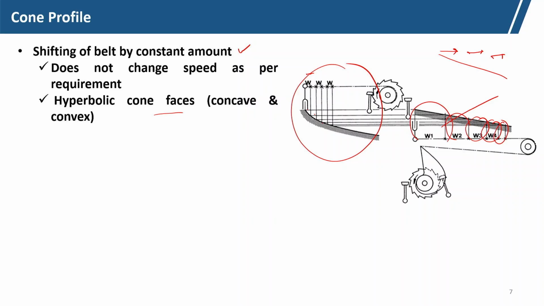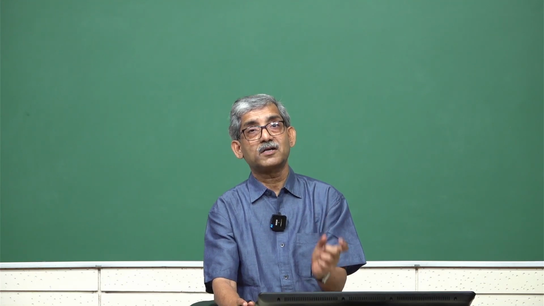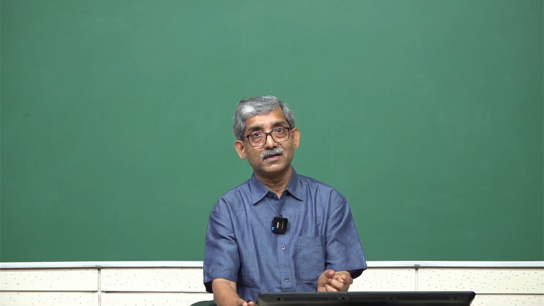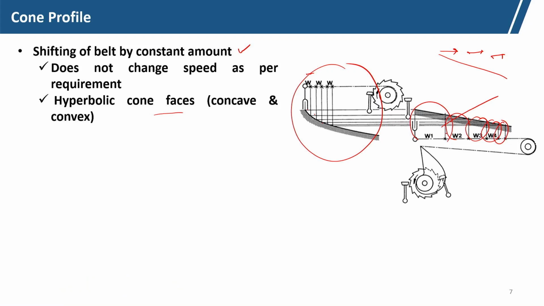At the first layer the speed reduction should be highest, and as we progress the reduction will be reduced, and that is not possible with a normal equal belt shift. For that we need unequal belt shift. That is done by one cam arrangement that we will discuss.